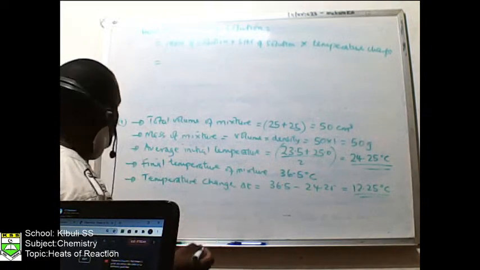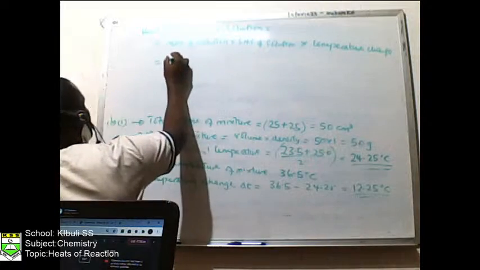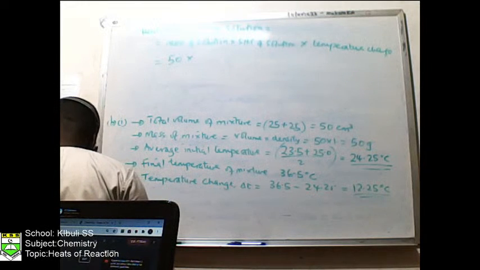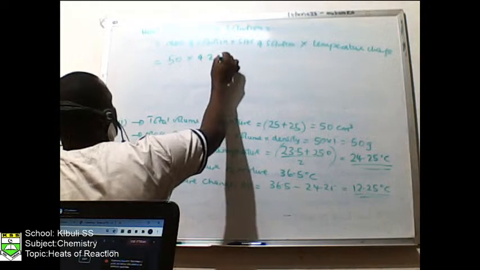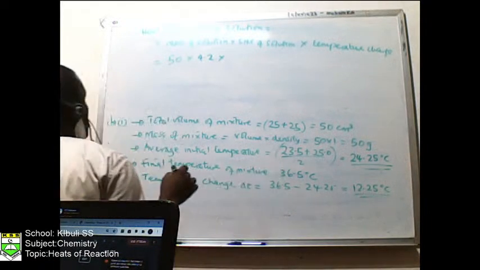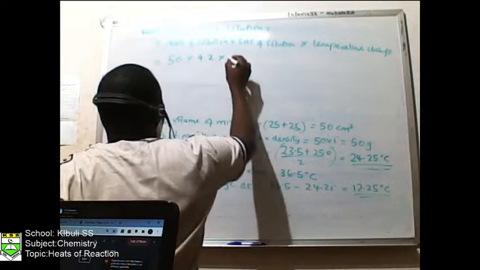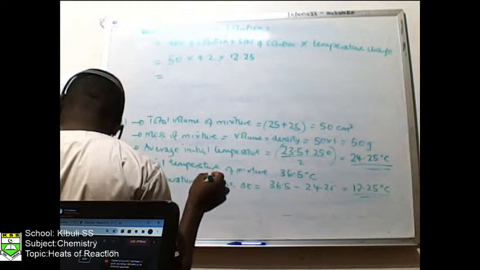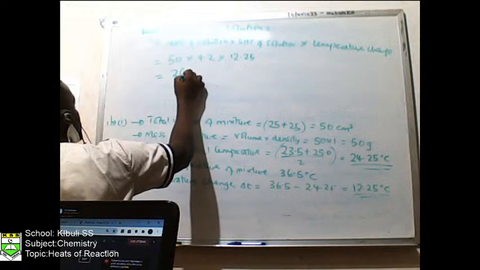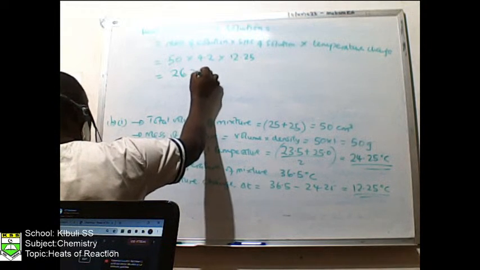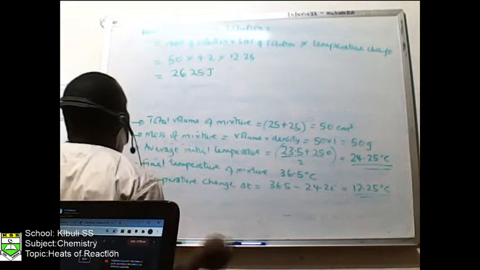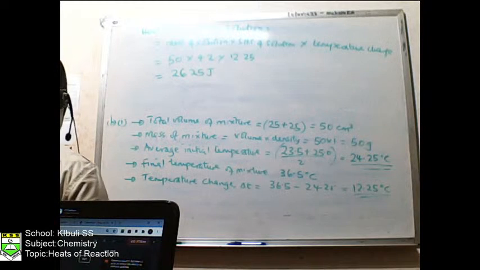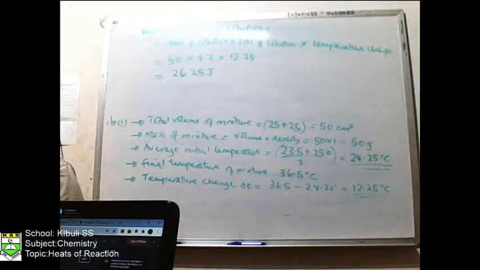So according to our information, the mass of the solution is 50. The specific capacity of the solution in the question was given as 4.2 joules per gram per degree Celsius, and the temperature change is 12.25. And when you calculate this, you get 2,625 joules. So this is the heat energy which was absorbed. That is part B, Roman 1.